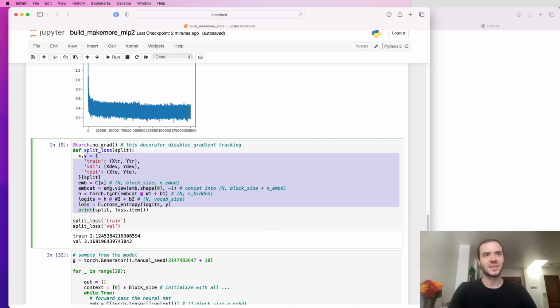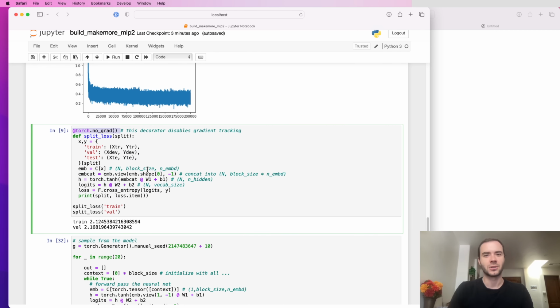It's almost as if all the tensors that get created here have a requires_grad of False. It just makes everything much more efficient because you're telling Torch that I will not call .backward on any of this computation, and you don't need to maintain the graph under the hood. So that's what this does. And you can also use a context manager with torch.no_grad, and you can look those up.